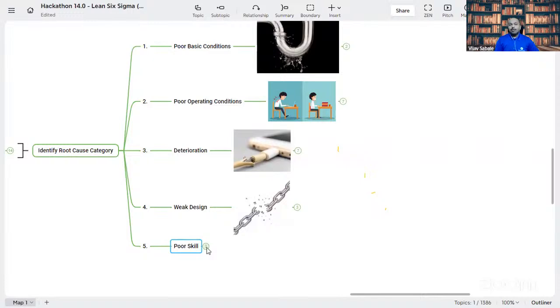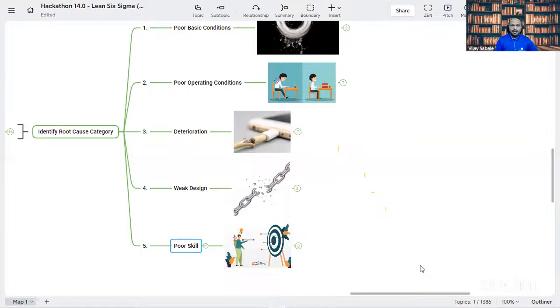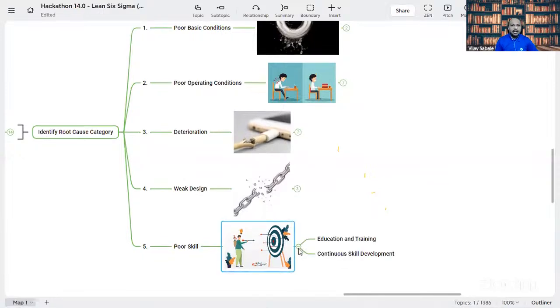Skill is also an important thing if your process is not totally robotic or automated. If it is depending on human skill, then skill is one of the most important things, and because of that you might see problems. To avoid or minimize that, we can work on education, training and continuous skill development programs.